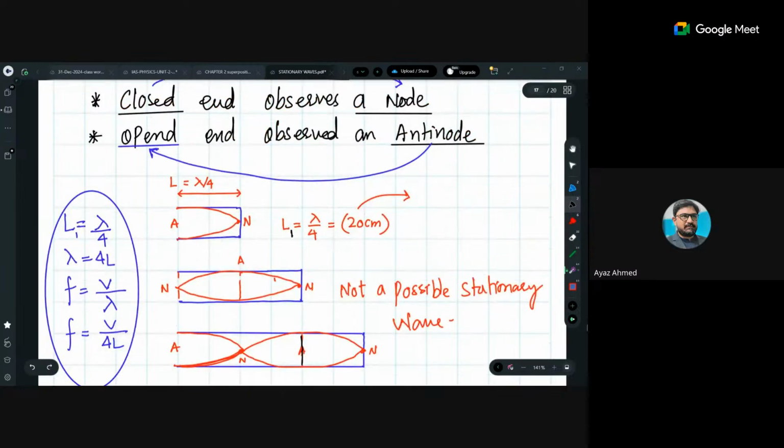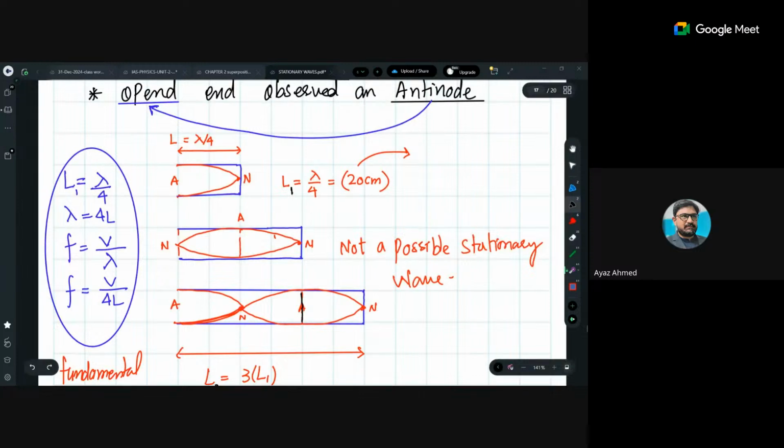So this is the mathematics behind that also. Please take care of this. The distance between a node and an antinode is lambda by 4. Did you notice that? This is a node, this is an antinode. So the distance between a node and an antinode is lambda by 4.